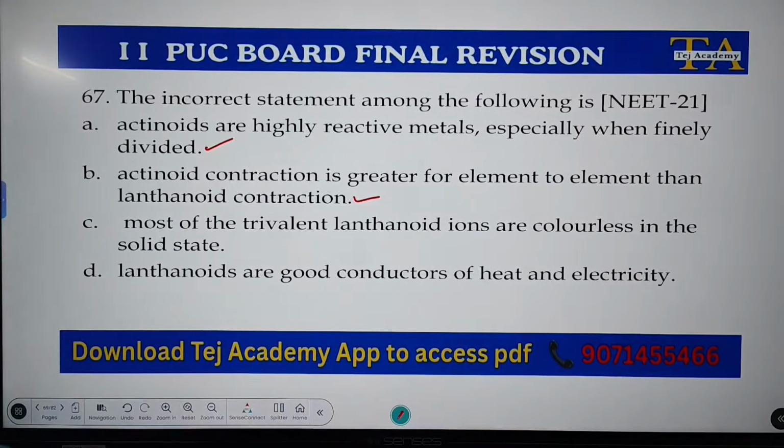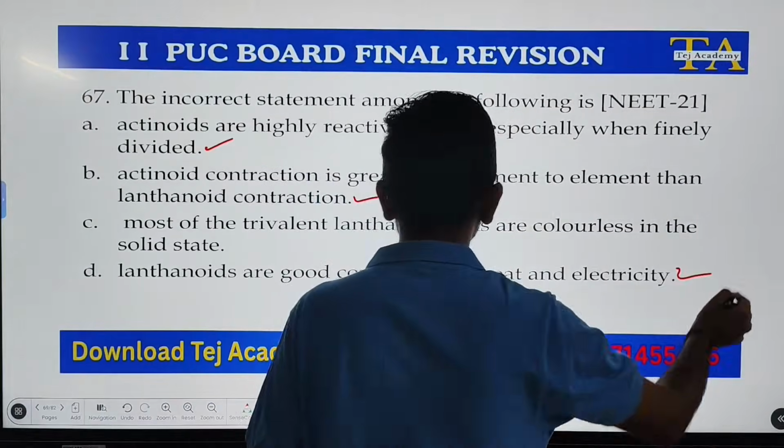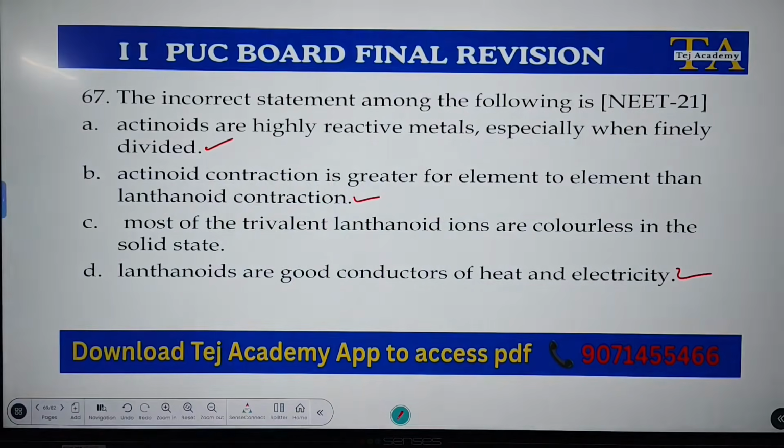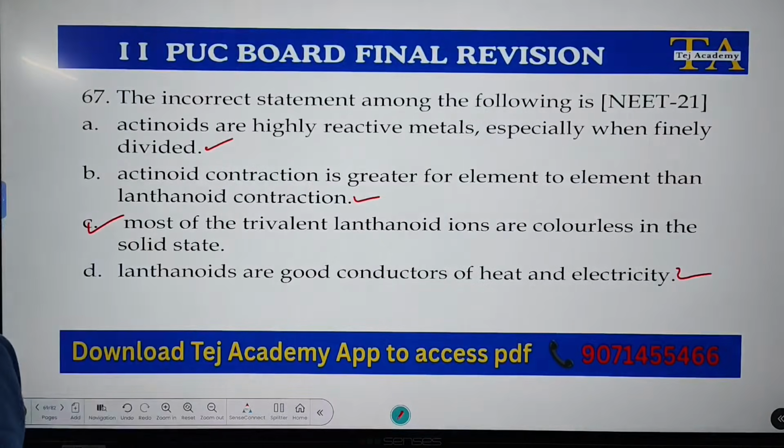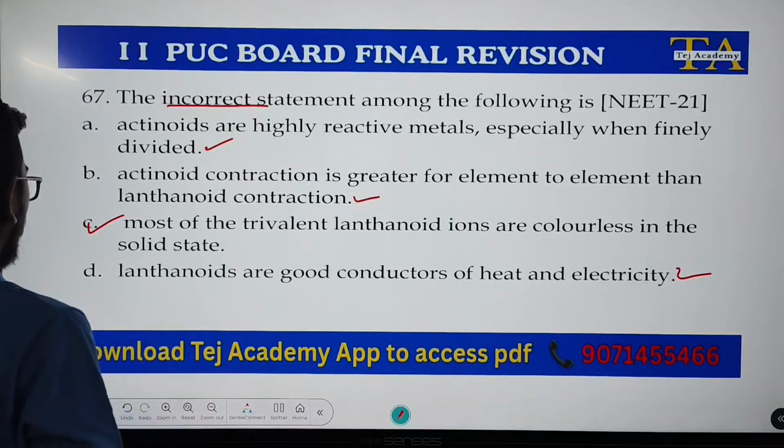We have to check. Then lanthanides are good conductors of heat and electricity. So this is also correct. So option C, most of the trivalent lanthanide ions are colorless in the solid state, no. So option C is the right answer, since they are asking for the incorrect statement.